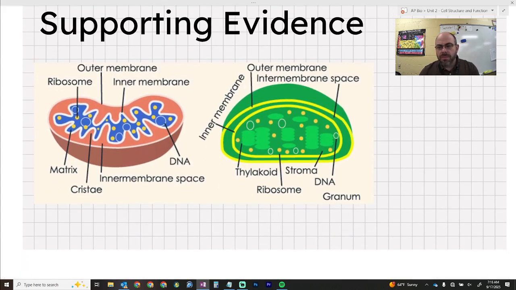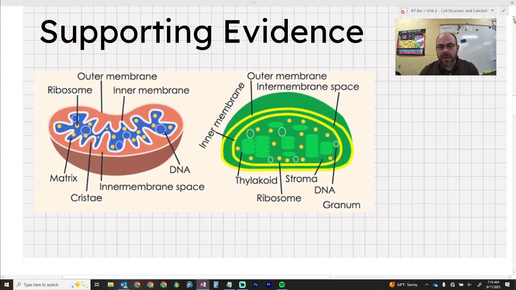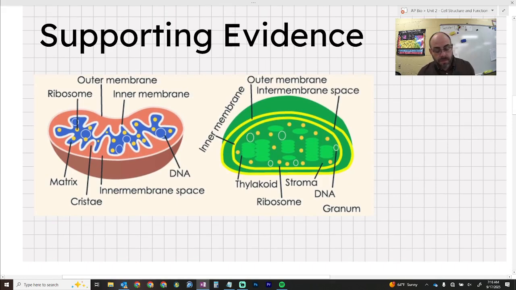What are some supporting evidences of this idea? There's several. Both chloroplasts and mitochondria have double membranes, suggesting that at some point endocytosis occurred. They have not only the membrane that they came with, but the membrane that engulfed them, and so now they have two membranes. They have their own DNA. It's circular DNA, similar to bacterial DNA.